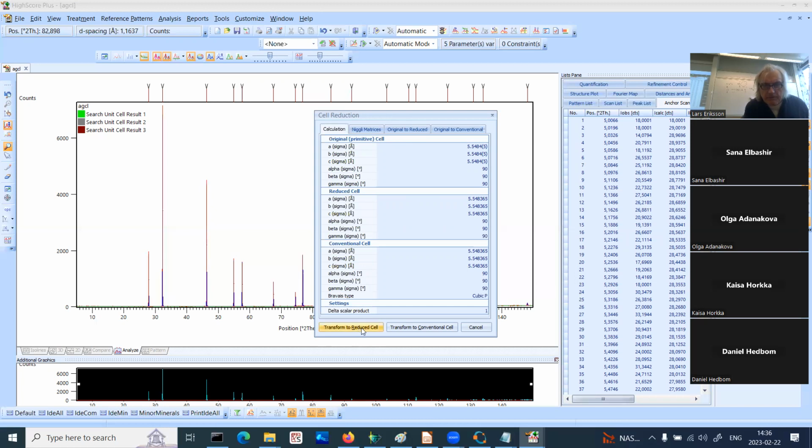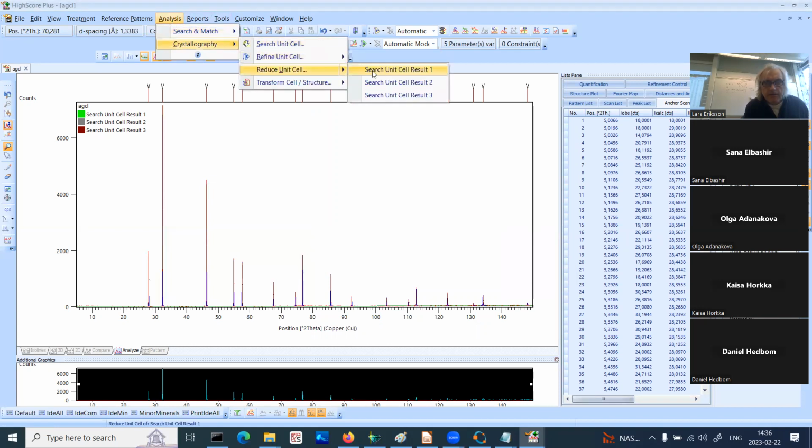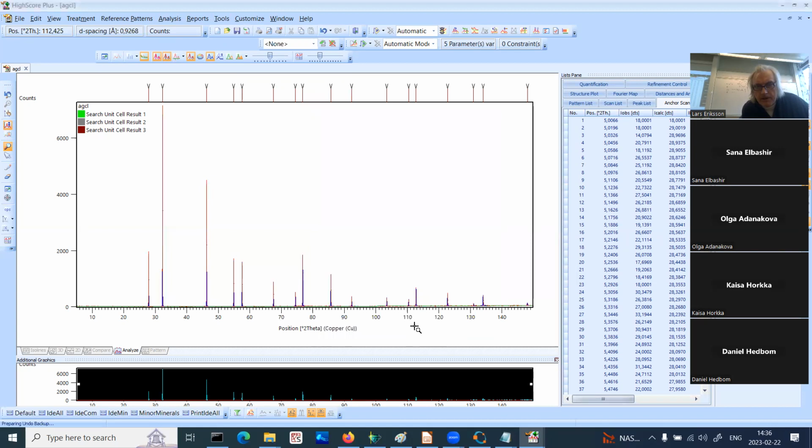If you transform to reduced cell, where did it go? Analysis, crystallography. It doesn't do anything. But if you have a tetragonal, does it do any change?